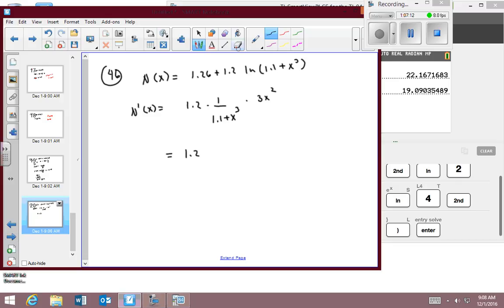That's it. So 3.6 x squared over 1.1 plus x cubed. And then they say x is 6. So 3.6 times 6 squared over 1.1 plus 6 cubed.